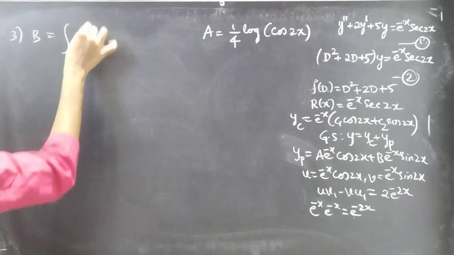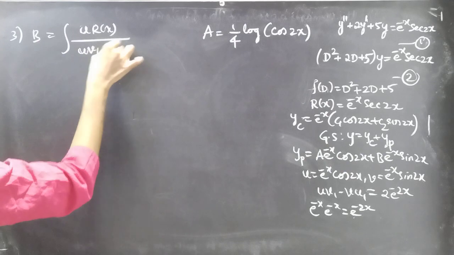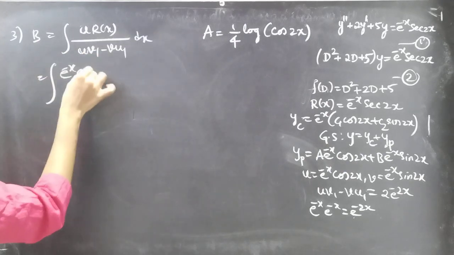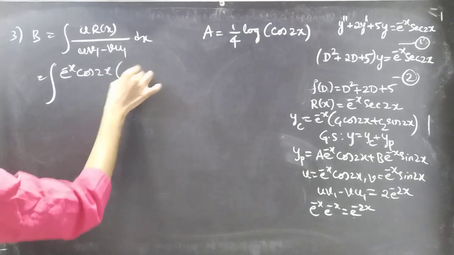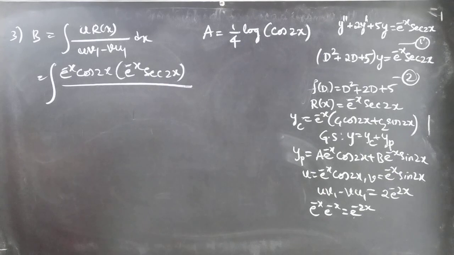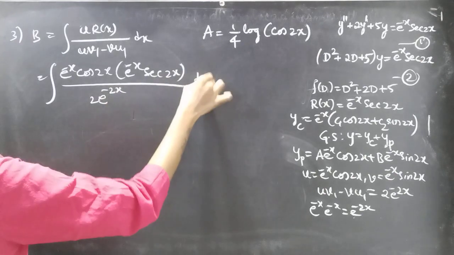B is given by the integral of u into r of x by u v1 minus v1 u dx, which is equal to u, e power minus x cos 2x, into r of x, e power minus x secant 2x, by u v1 minus v1 u, which is 2 e power minus 2x, dx, right?